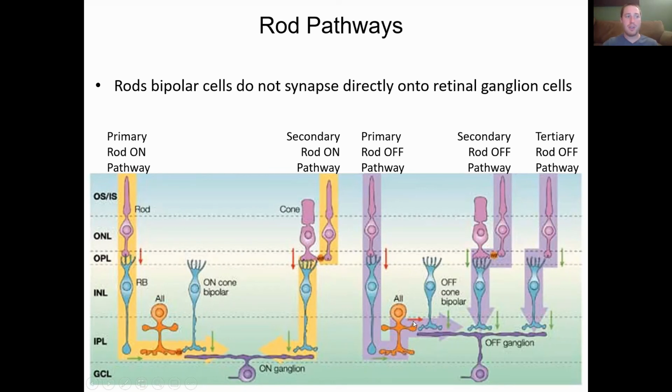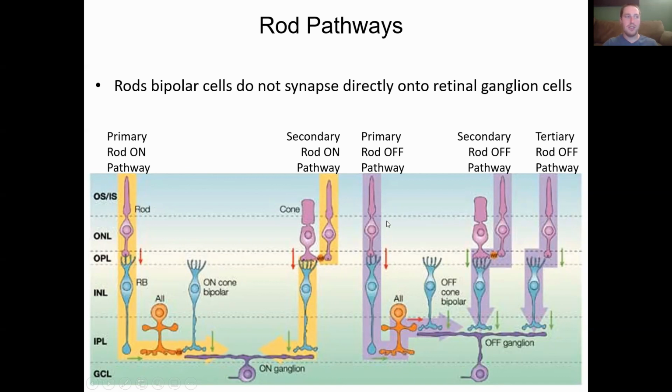The A2 amacrine cell forms traditional synapses with an off cone bipolar cell, and it releases glycine, which is inhibitory. So the A2 amacrine cell inhibits the off cone bipolar cell, which then forms a traditional glutamatergic synapse to the off ganglion cell. So it's pretty much the same as the on pathway, except that we have one more sign inverting synapse.